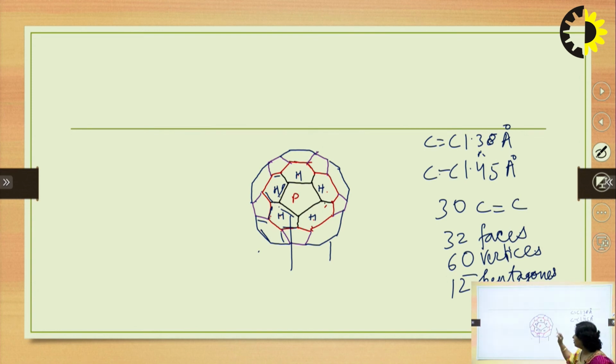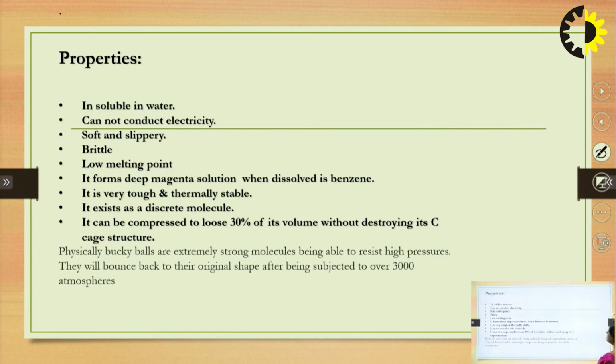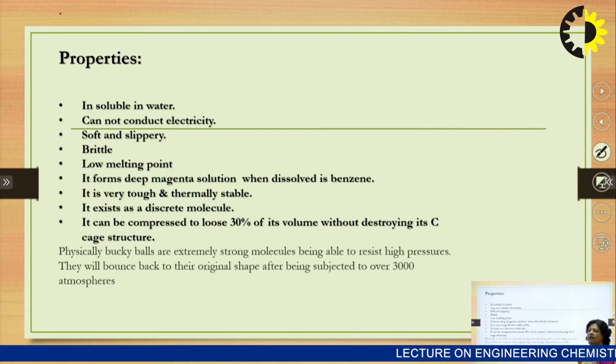Now, when we are talking about this complete structure, one more thing which has to be written here is that the hybridization is again sp2. So, this is fullerene. Now, we talk about the properties.